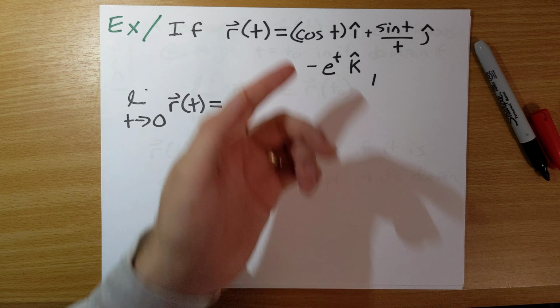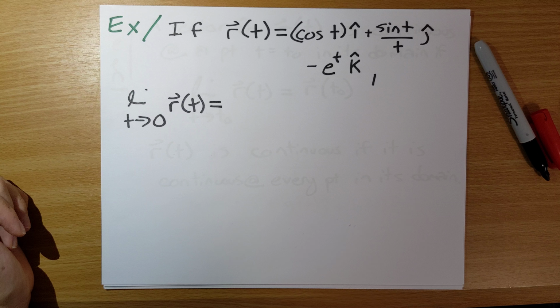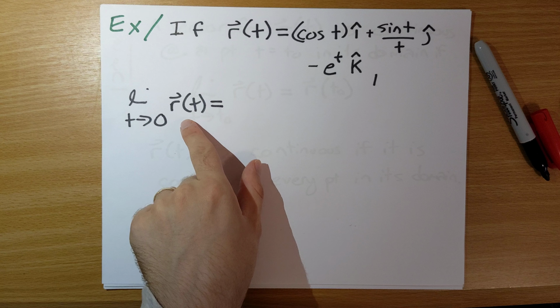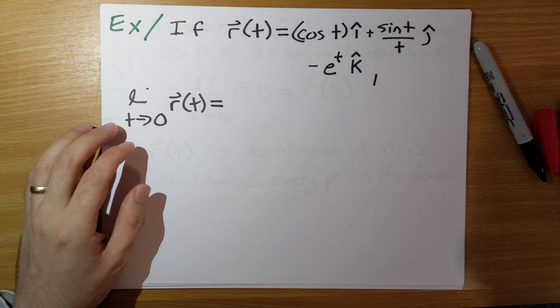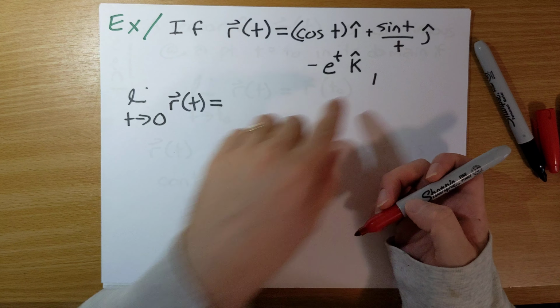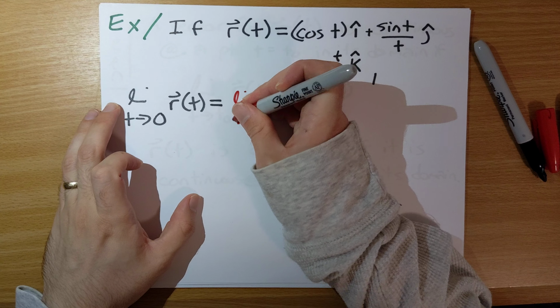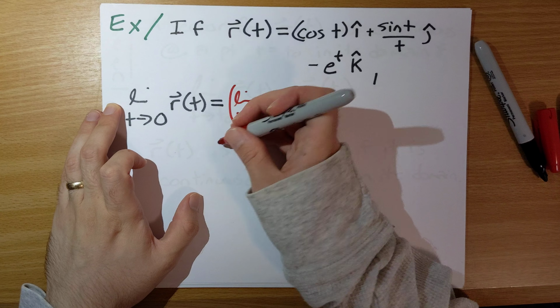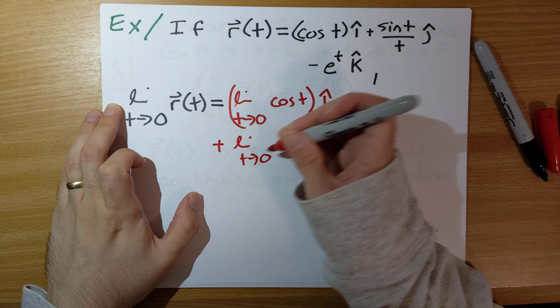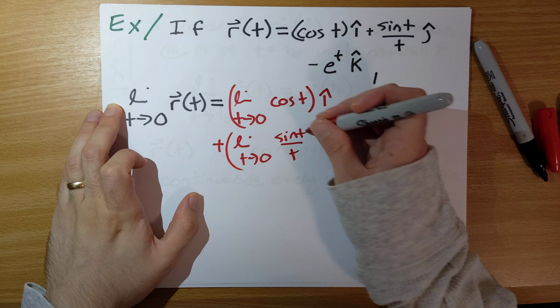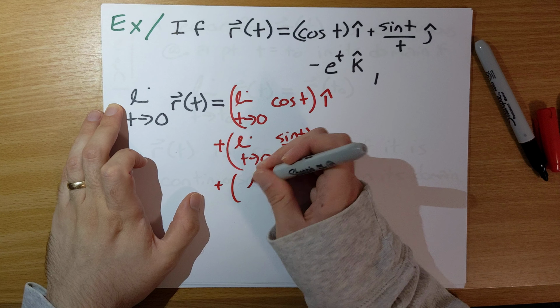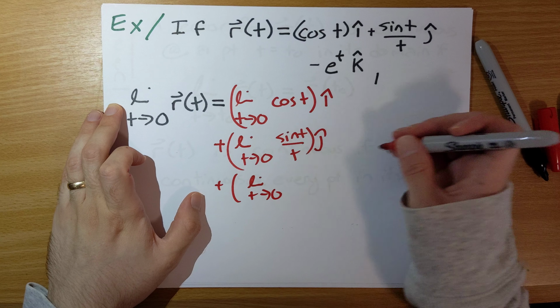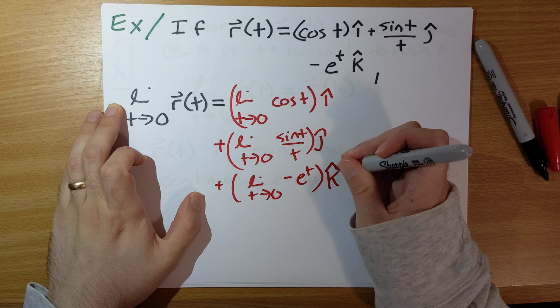As a quick example, if r of t is cosine t i hat plus sine t over t j hat minus e to the t k hat, the limit as t goes to 0 of r of t will be, we just want the three limits separately. It is the limit as t goes to 0 of cosine t, times i hat, plus the limit as t goes to 0 of sine t over t, times j hat, plus the limit as t goes to 0 of negative e to the t, times k hat.